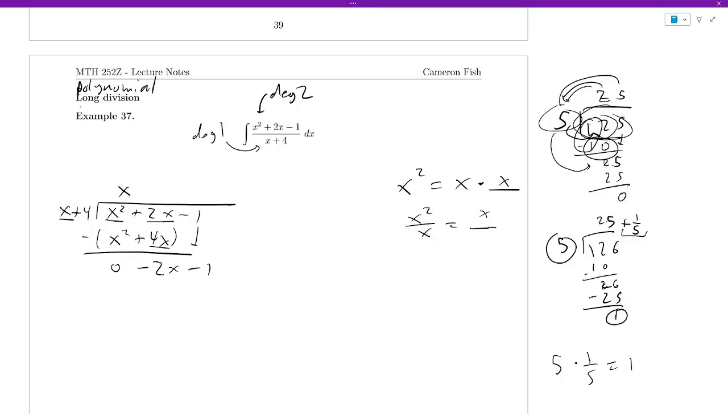So let's do another step. We just repeat this process until we're done. So again, I look at my x, and now I look at the new leading thing that I'm under the division sign. So x goes into negative 2x. Again, same thing. How many times does x go into negative 2x? Otherwise known as, if I take negative 2x and divide it by x, what do I get? And the answer is negative 2.